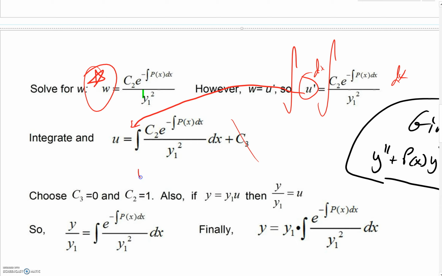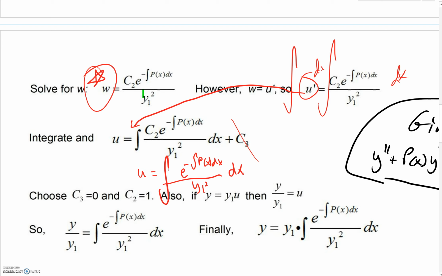And what's that really saying? It's saying u would be the integral of e to the negative integral of p of x dx all over y1 squared. And this integral is going to go longer, dx, right? So I'll make that integral get a little bit longer just like that.